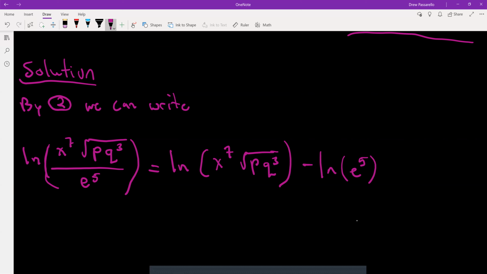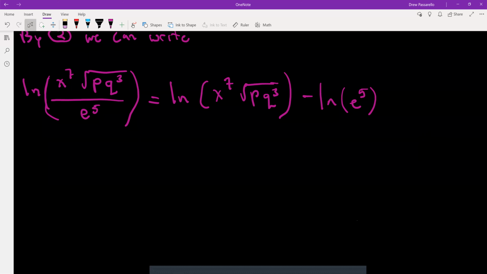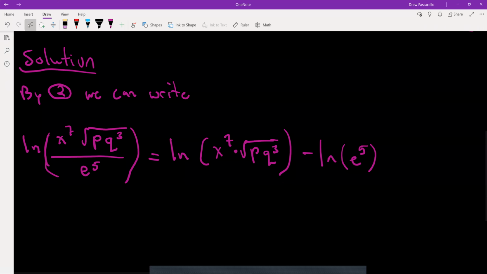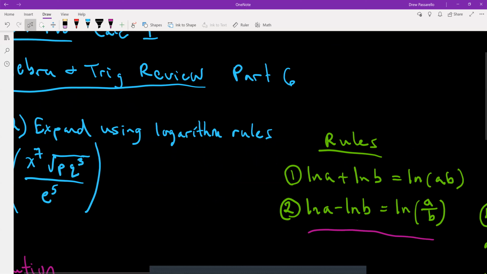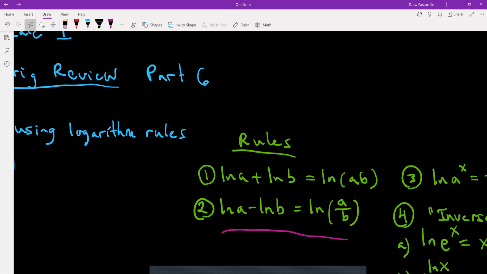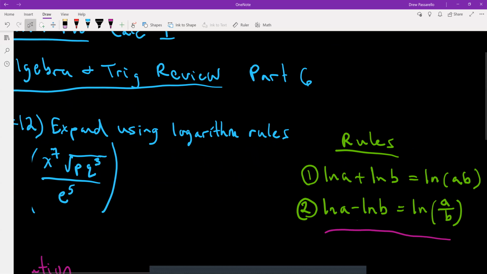All right, so then from here, because there's technically a multiplication when I have x to the 7th, they just don't write the times, it's just implied. So since there's this multiplication, I'm going to apply rule 1. And that's changing a multiplication, so natural log of AB into addition of 2 natural logs.